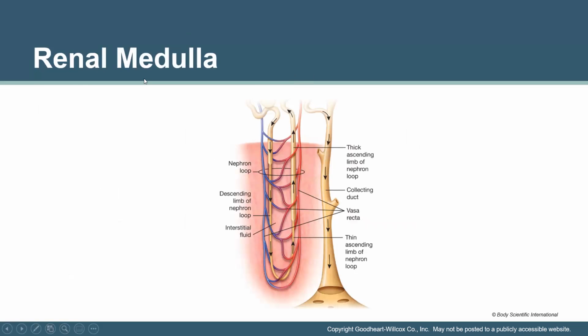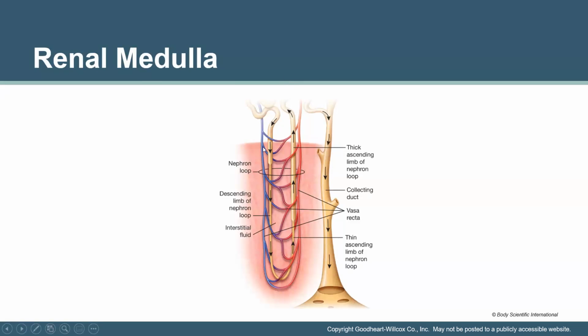Okay, the renal medulla, I already mentioned this, okay? So in this picture, we see where we have a portion of the nephron that's located within the cortex, and then a part that will dip down into the medulla. What we need to notice here are different parts of the loop, which I already mentioned. So here's our nephron loop collectively that dips into the medulla.